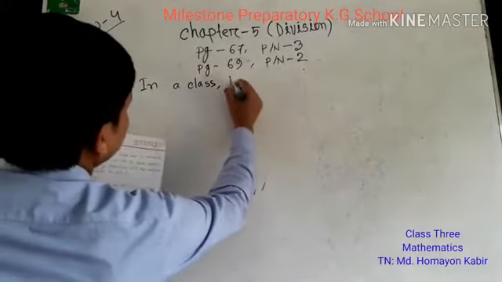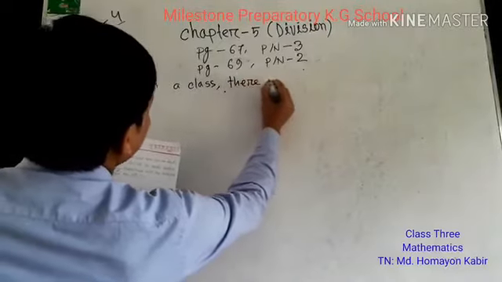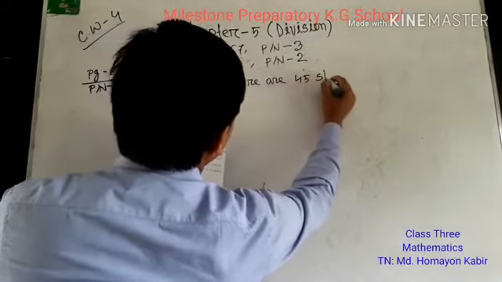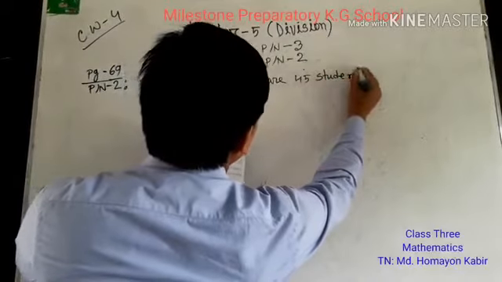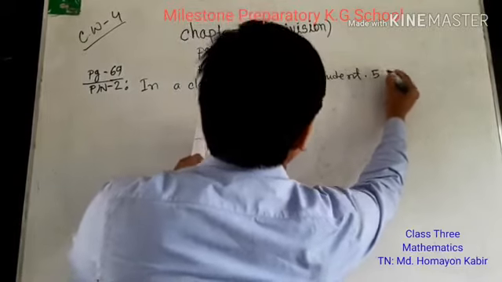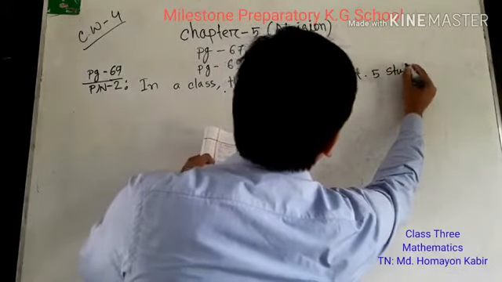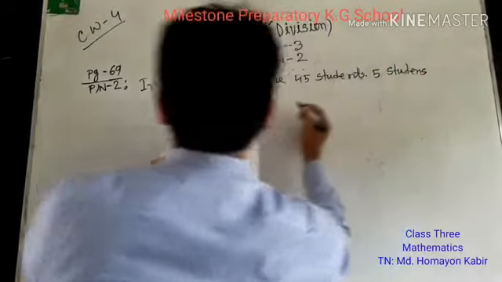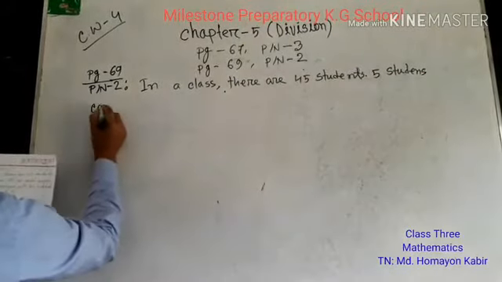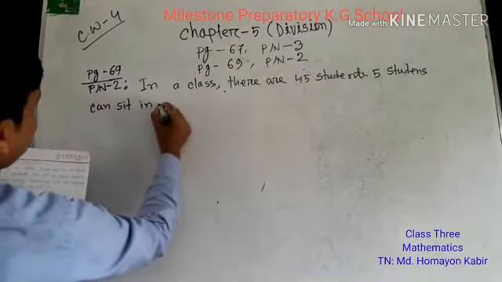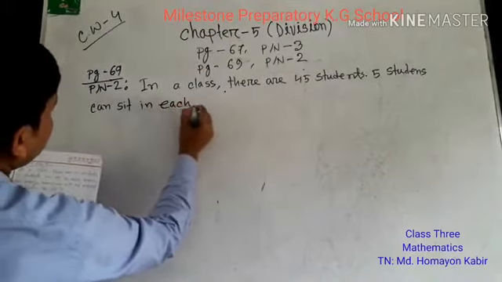In a class, there are 45 students. 5 students can sit in each bench.